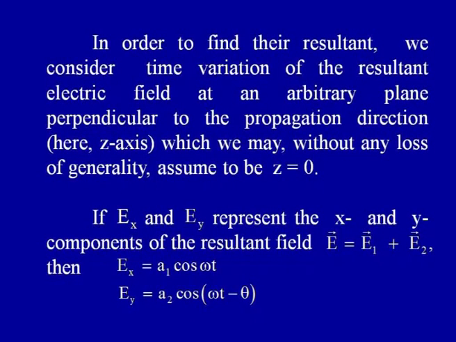Now, in order to find the resultant, we consider the time variation of the resultant electric field at an arbitrary plane, just for simplicity, at an arbitrary plane perpendicular to the propagation direction, which is the z axis.